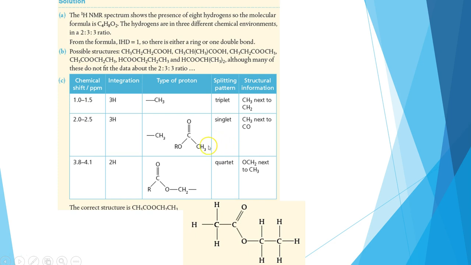So because we have the CH3 into the carbonyl, that tells us one side of the ester. The OCH2CH3 gives us the other side of the ester, and we can see that we actually have ethyl ethanoate as the structure. Hopefully you came up with that. If not, have a look at how the justification is done and see if you can follow it.